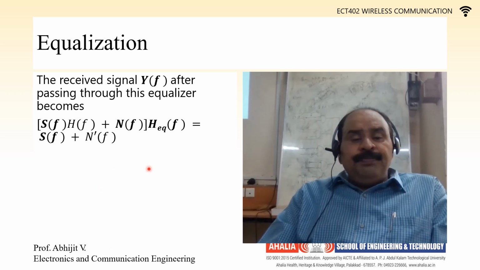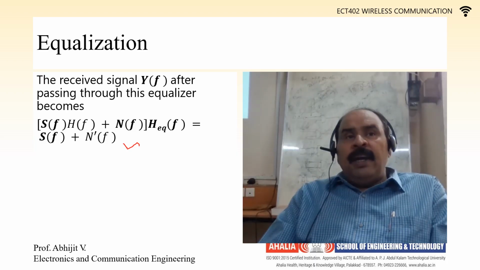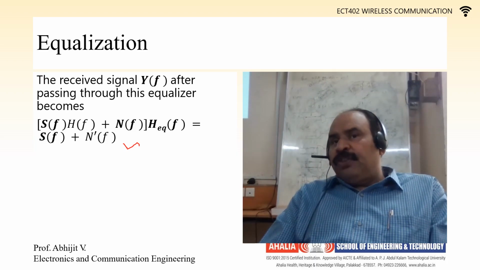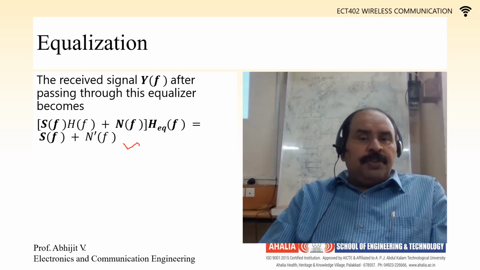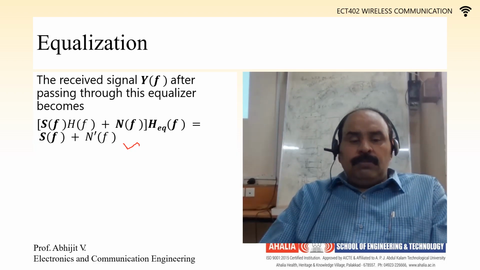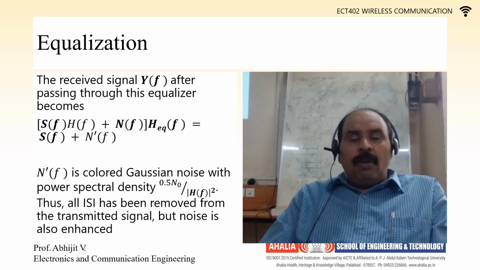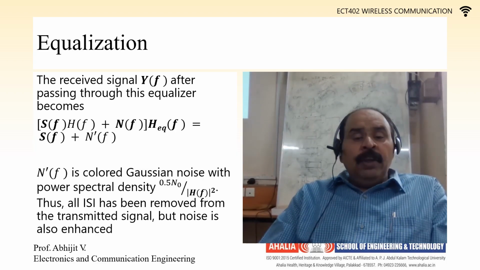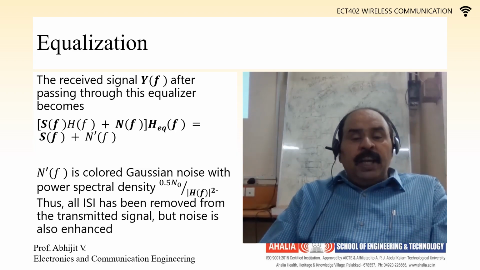That means that the noise is enhanced. So N dash of f is colored Gaussian noise with power spectral density 0.5 N naught by H of f squared.